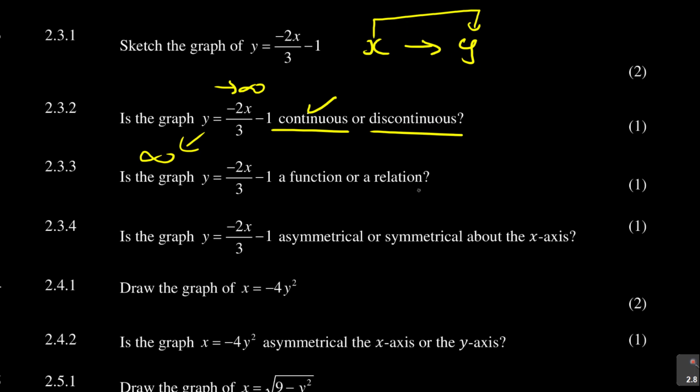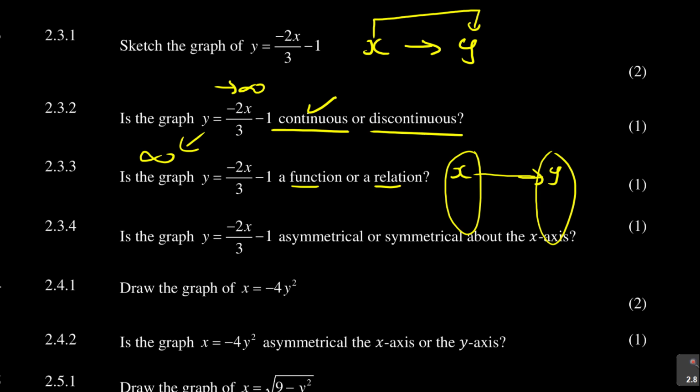Now what is a function versus a relationship? A function means if I've got the x value, there is also a corresponding single y value. It must be 1.